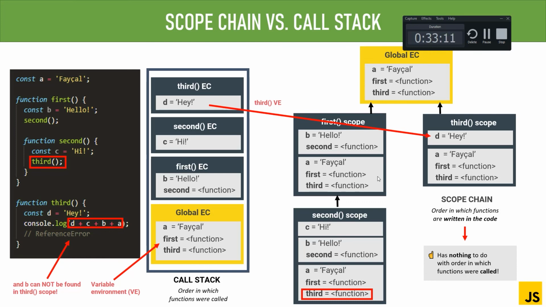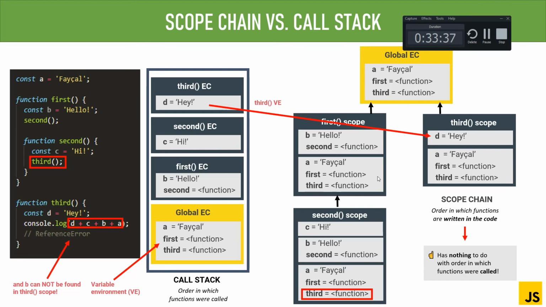Then, variable C is not in the local scope, and so JavaScript needs to do a variable lookup. So it's a lookup in the scope chain looking for variable C, but it's not there. And of course it isn't, because C is defined in the second function. And there is just no way in which the third function can access variables defined in the second function. And that is true, even though the second function was the one that called the third.